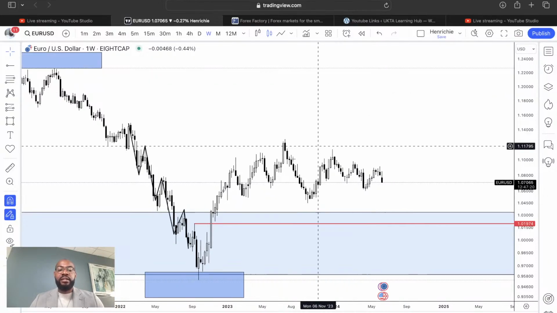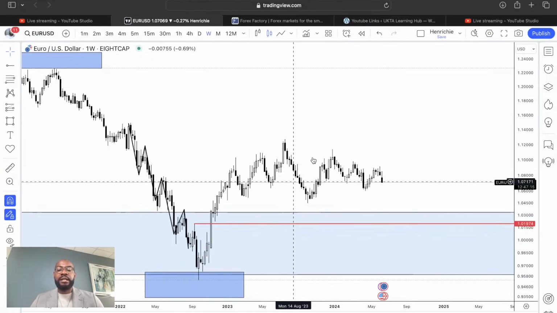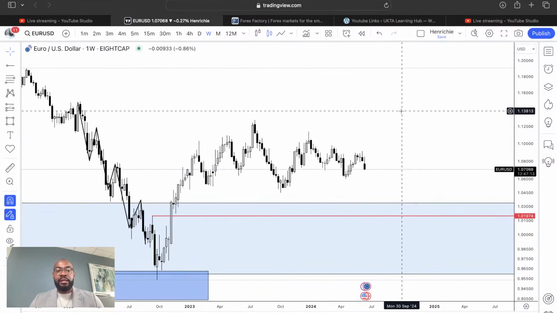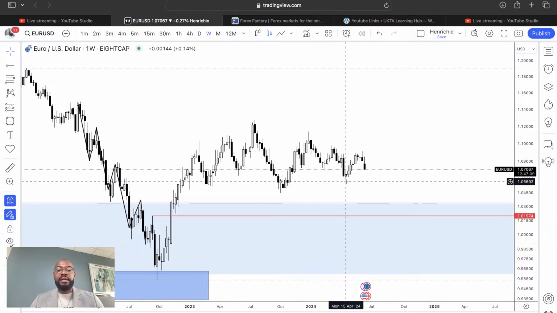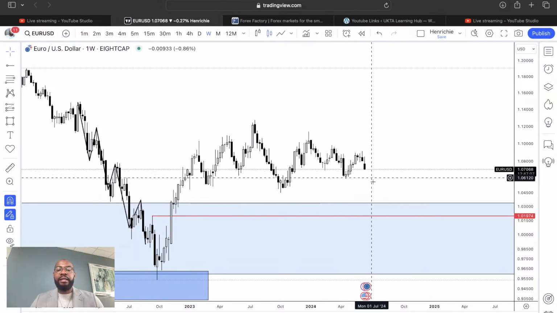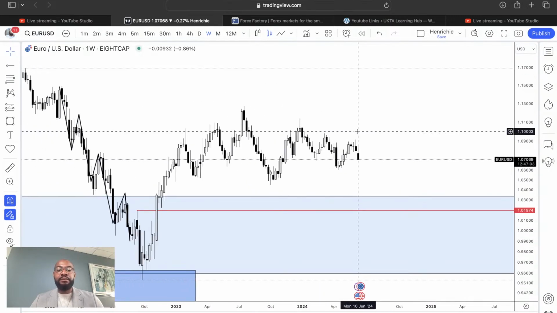So you can see that very clearly. We had the impulse move, broke structure to the upside. So far, high, low, high, and then created a low, high. Now we're having a huge displacement to the downside.